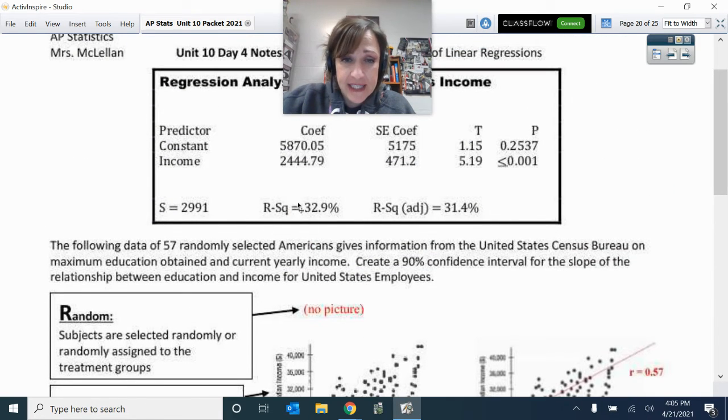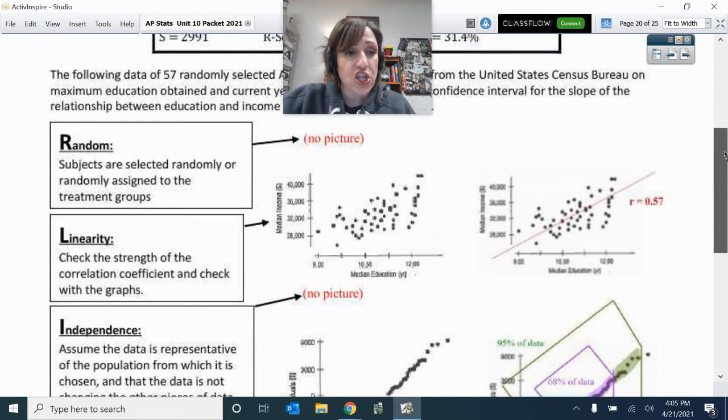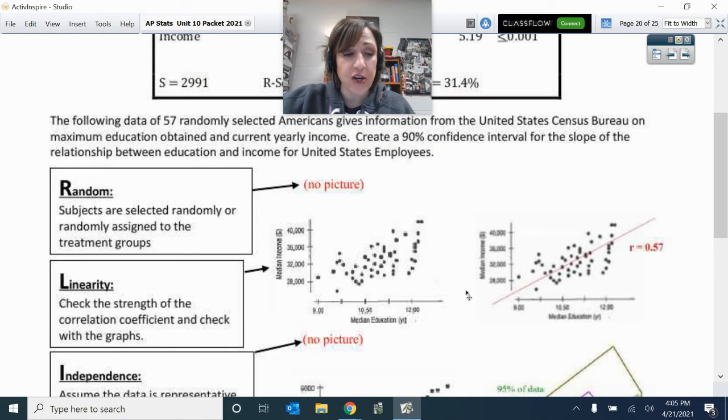In this case, the square root of r squared, the square root of 0.329, is 0.57. So the words I would say here is, yes, the data appears to be in a positive linear direction with a correlation coefficient that is moderately strong, a positive linear relationship. So that's what I would write there.